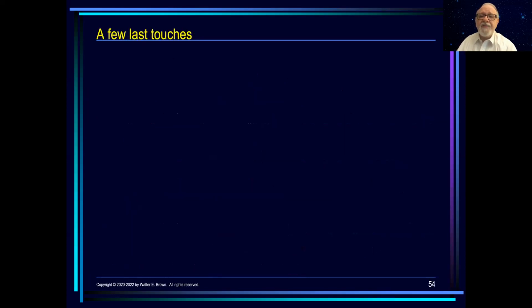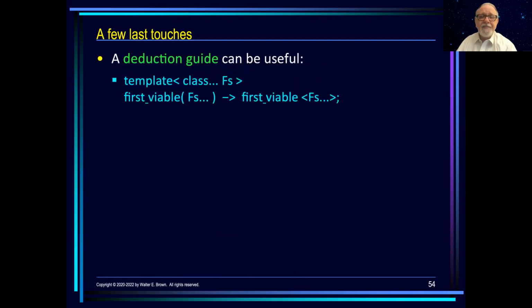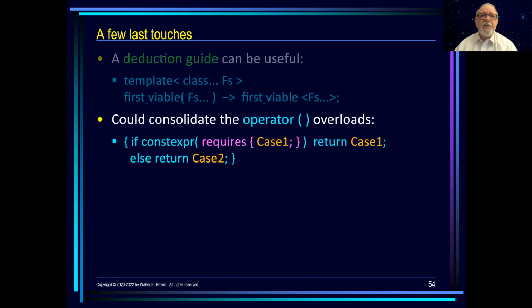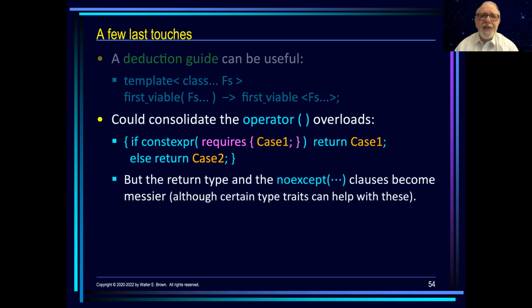There are a couple of last touches. We might want to have a deduction guide. It is possible to recode this, so instead of a pair of operator parentheses overloads, you could do something like this with a single one. But if you do that, notice that the return type and the noexcept specifications become messier.